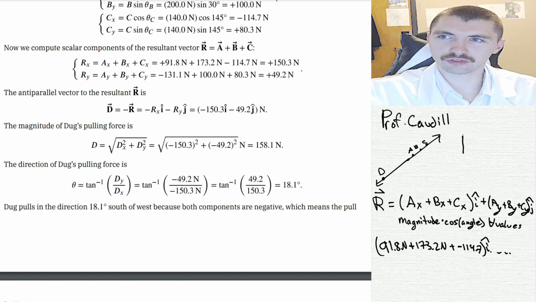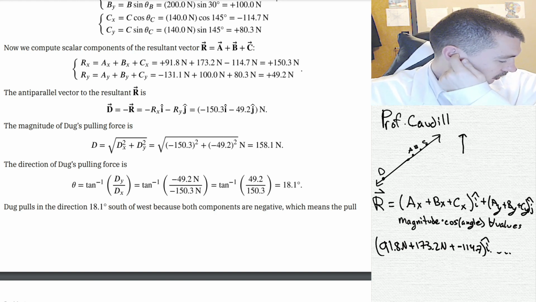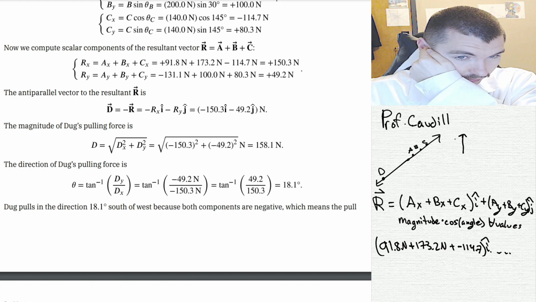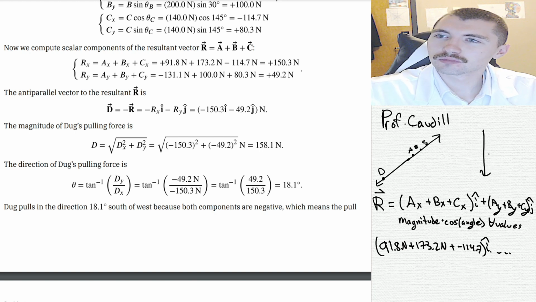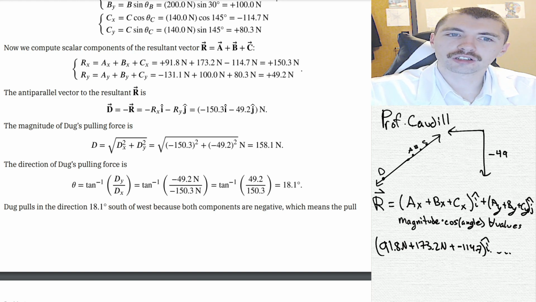So if we have negative 49 and negative 150, and we have some hypotenuse.